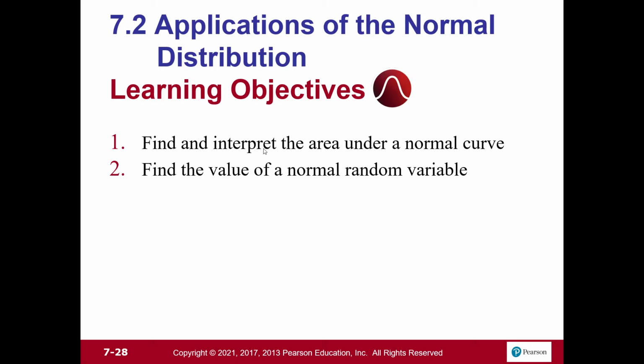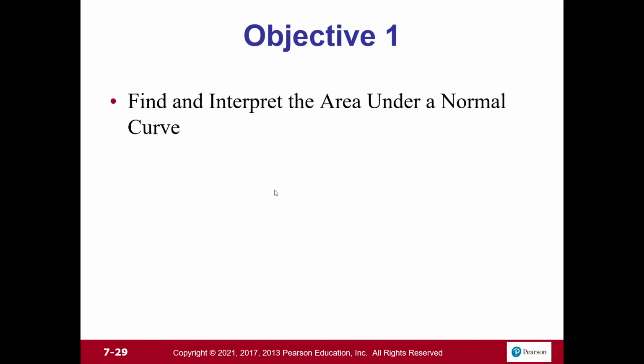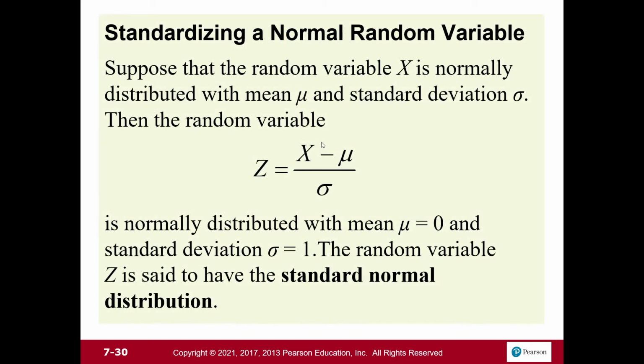So you're going to find and interpret the area under the normal curve and find the value of a normal random variable. So that's kind of the opposite. First, find and interpret the area under a normal curve. Now, there's a lot of different ways of going about doing this.